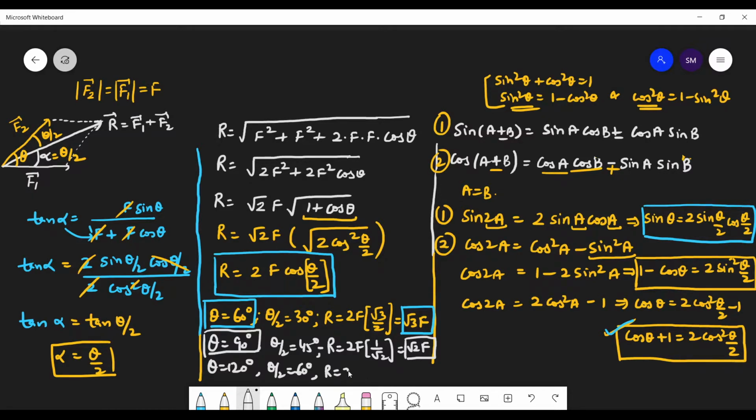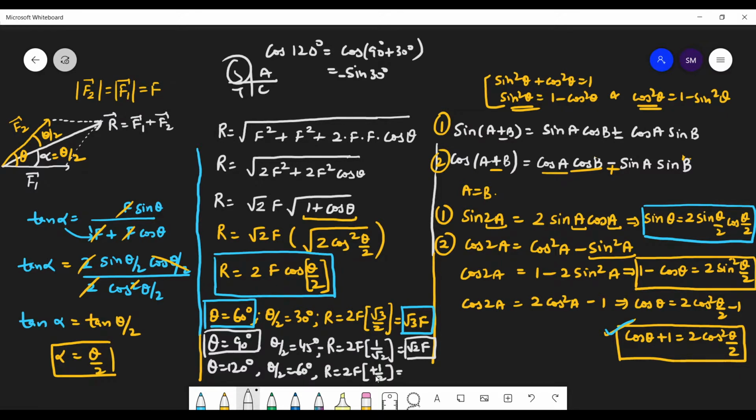So R is equals to 2F into cos 60 degree.